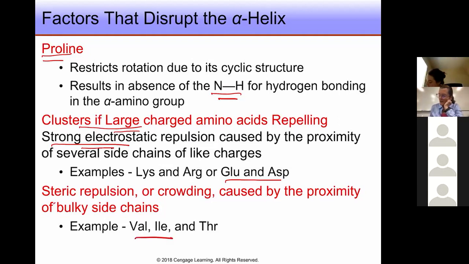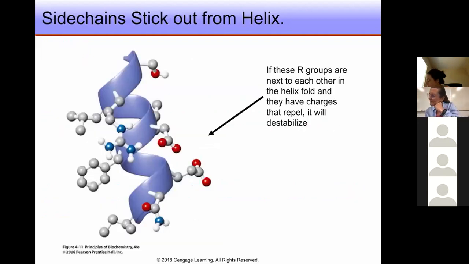And then the sterics. Sterics refers to the bulky nonpolars. Okay. And so here's an example where this looks like an aspartic acid. This one looks like a glu, and we have negative charges next to each other. And so those are going to repel. And so they would destabilize the helix.